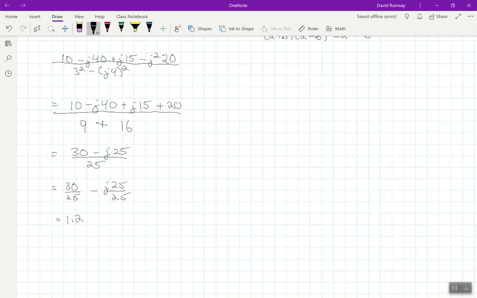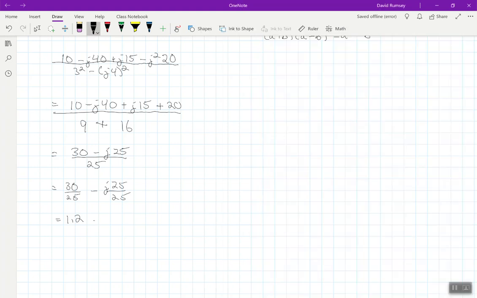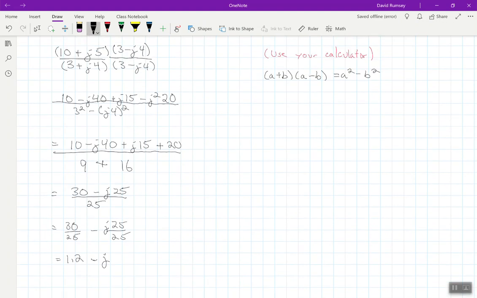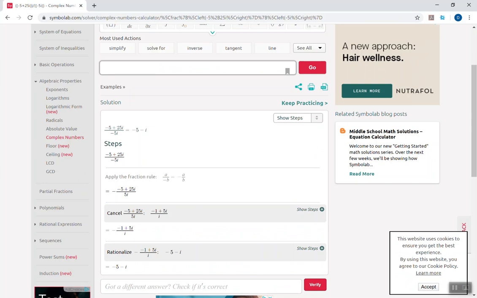Now, I'm going to double check that because I just did that in my head. Actually, why don't I just double check it right now? 1.2. And minus 25 divided by 25 is clearly just 1. So if we have to do that every single time we're going to do division, that's going to be annoying. So let's go back to our online calculator here and see if we get the same answer.